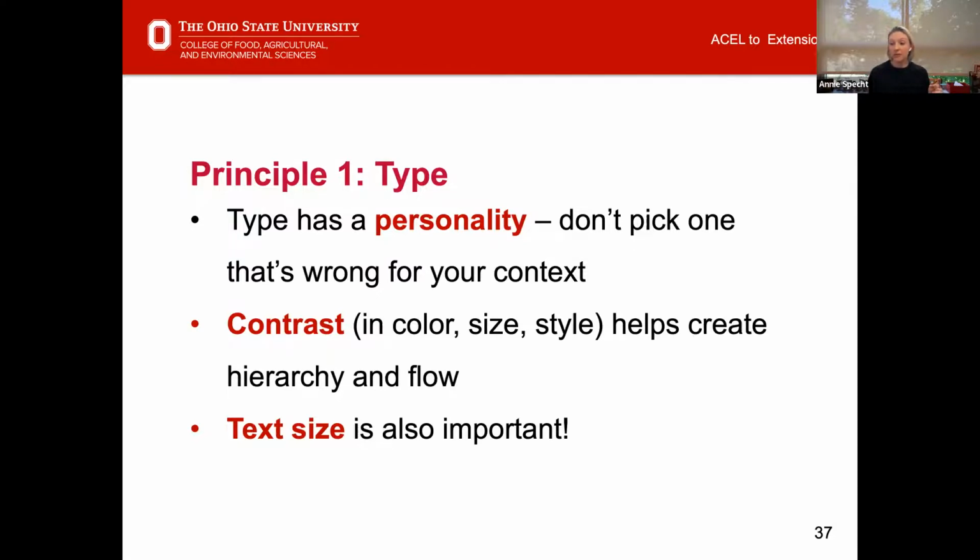Your title is bigger than your subheadings or bigger than your body text. And that hierarchy helps the reader kind of flow through the document. They know exactly what they're going to be looking at based on the size and the style of the typeface that you've chosen. So in that sense, giving them these kind of visual signposts to pay attention to is really important because it helps them move through the document in a way that's logical, in a way that's sort of intentional in the way that you designed it.